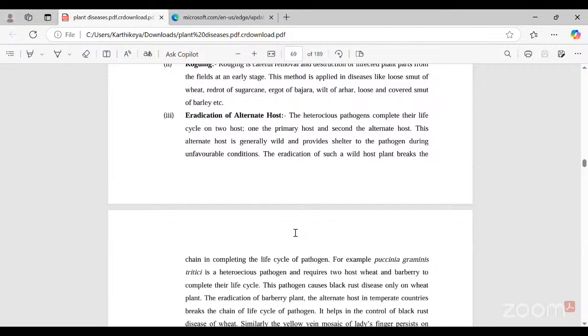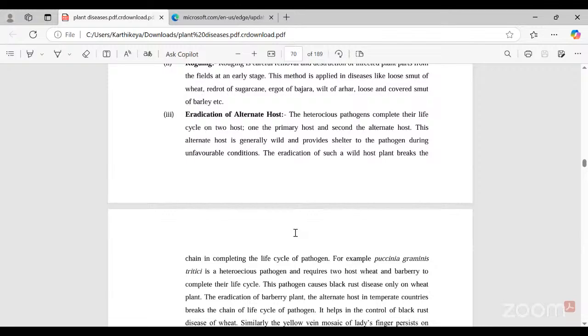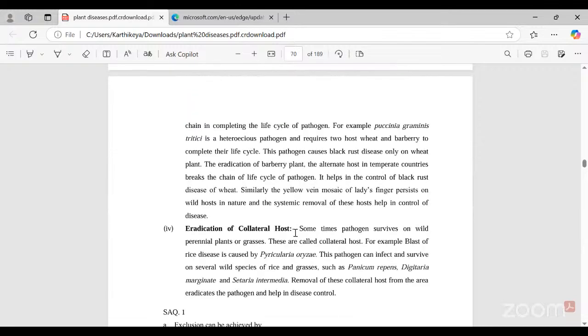The eradication of such a wild host plant breaks the chain in completing the life cycle of the pathogen. For example, Puccinia graminis tritici is a heteroecious pathogen and requires two hosts, wheat and barberry, to complete its life cycle. This pathogen causes black rust disease on wheat plants.